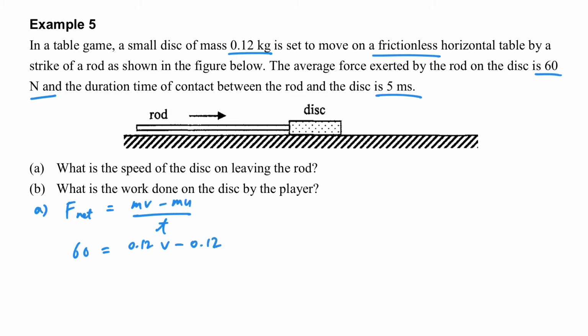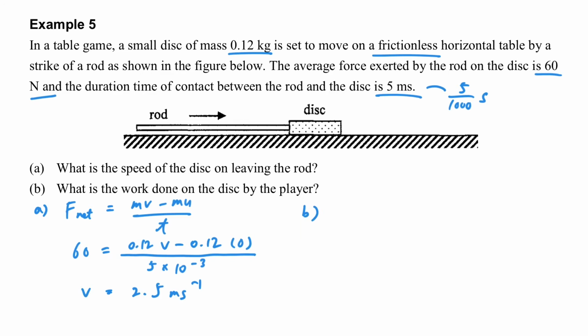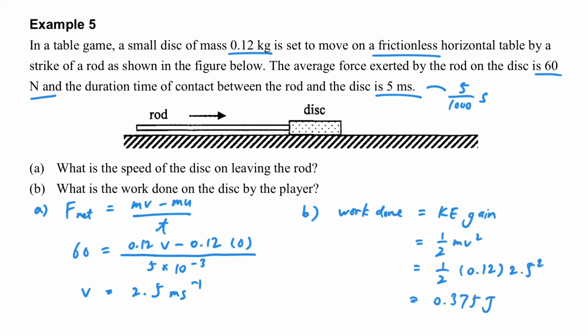We can substitute all the values, and make sure that the time in ms, millisecond, means 1 over 1000 seconds. Then we can find the speed of the disc after it's hit. Then what is the work done on the disc by the player? The work done is actually the KE gain. So if we know the final speed, we can use it to find the work done on the disc.